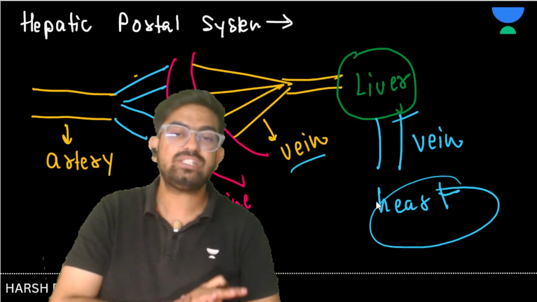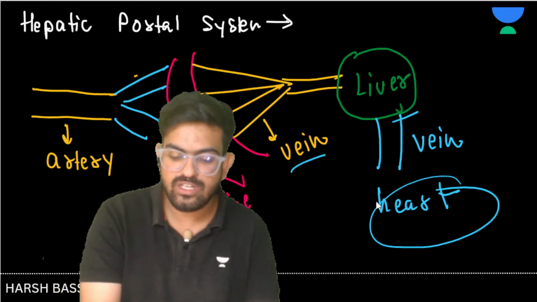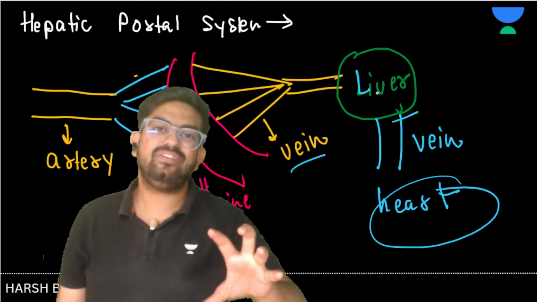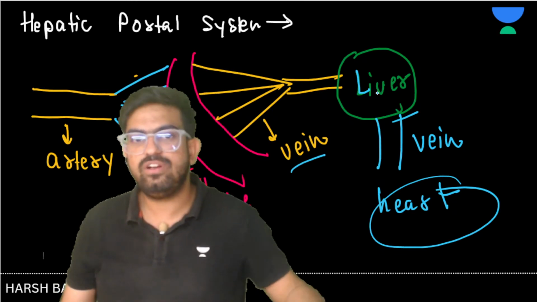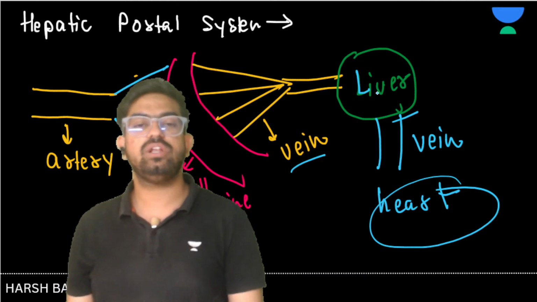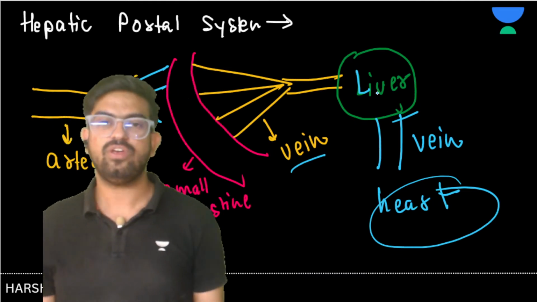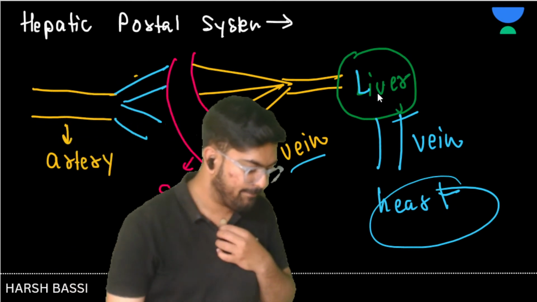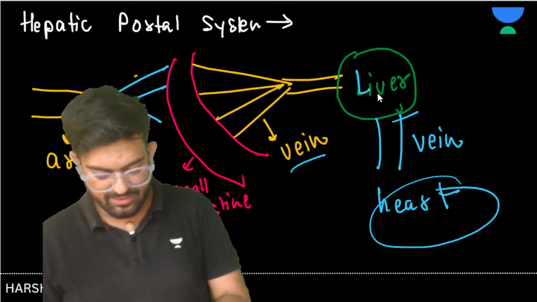So rather than sending it to the heart directly, our body first sends it to the liver. The liver will detoxify it. The function of the liver is detoxification. So the liver destroys all of these things, and then it goes to the heart, so our body is protected.